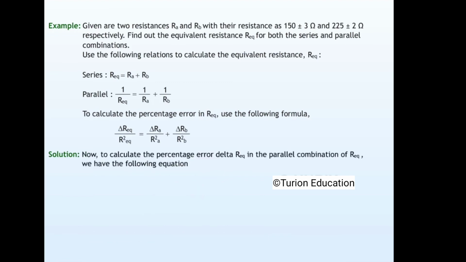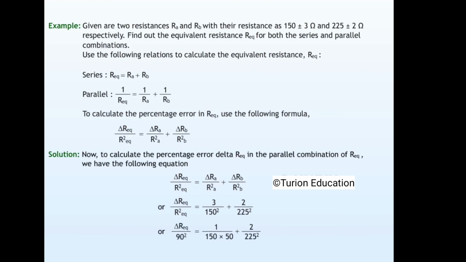Now, to calculate the error delta Req in the parallel combination of Req, we have the following equation. Delta Req by R square eq equals delta Ra by R square A plus delta Rb by R square B. Or delta Req by R square eq equals 3 by 150 square plus 2 by 225 square.